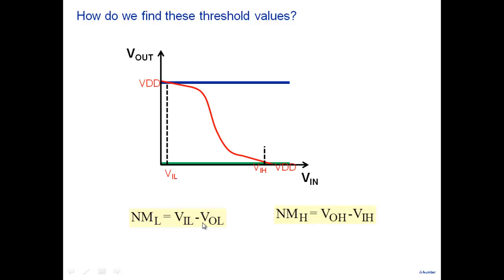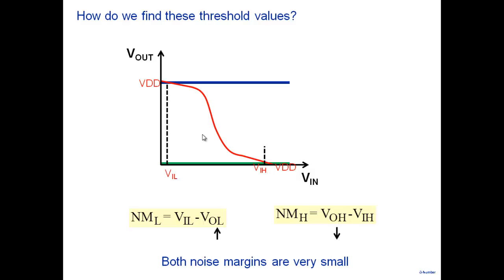VIL is 0. And what is VOL equal to? Ground. 0 minus 0, so you get 0. And this also is 0. So you start with 0 noise margin. If you choose VOH equal to VDD and you choose VOL equal to ground, you start with 0 noise margin. Let's try to increase. So both noise margins are very small or 0.